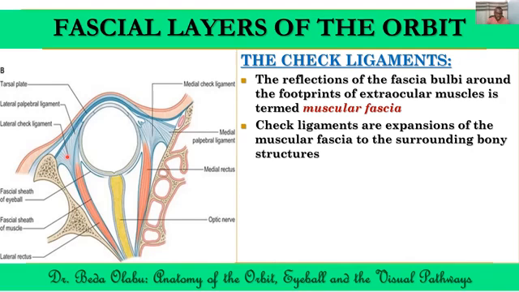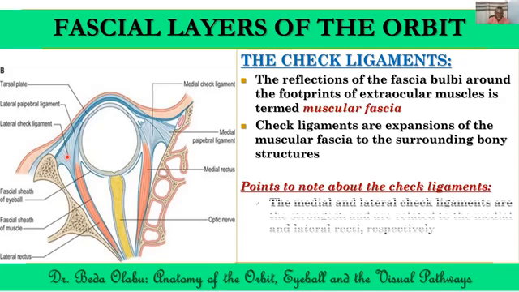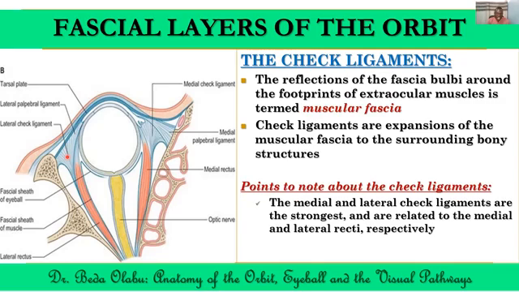So that's the concept of the check ligaments. They're just extensions or expansions of the muscular fascia of the muscles to the surrounding bone. The check ligaments related to the medial and the lateral rectus muscle are the strongest and perhaps the most important ones.